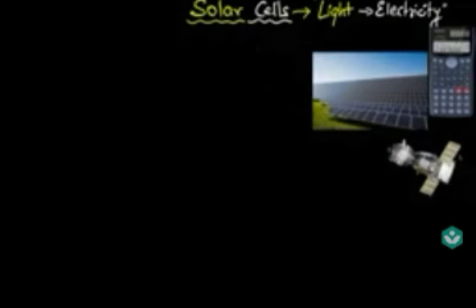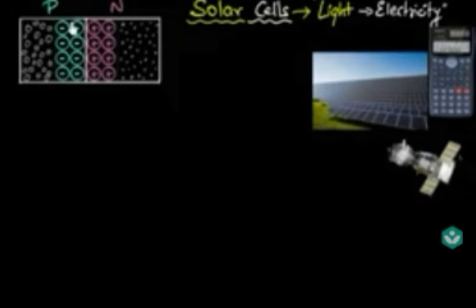So let's quickly recap. We have seen the p-n junction is basically a single semiconducting crystal in which one side is doped with acceptor impurities, so they accept electrons. As a result, they leave behind holes, a lot of holes. On the other side we have donor impurities, which give electrons.